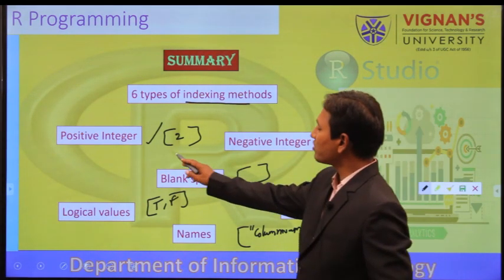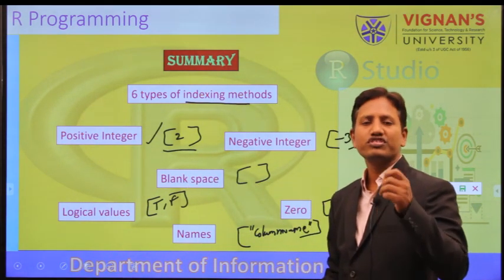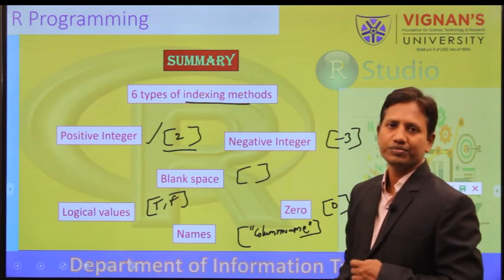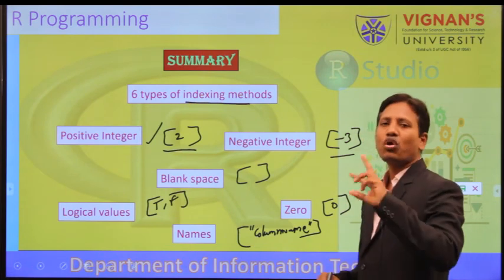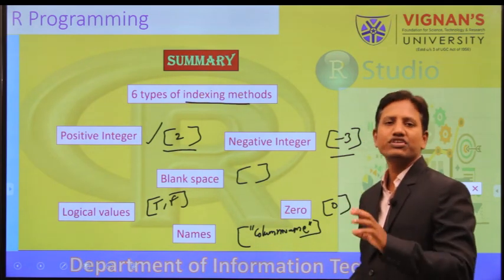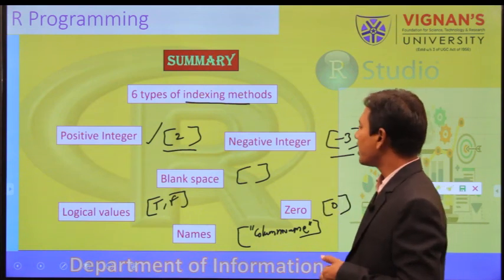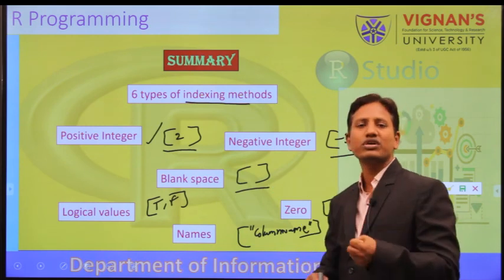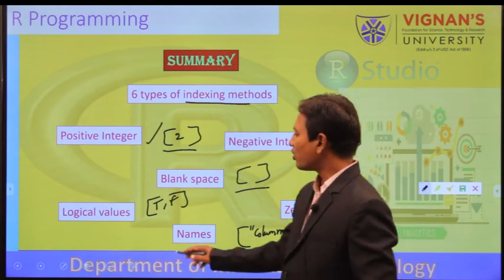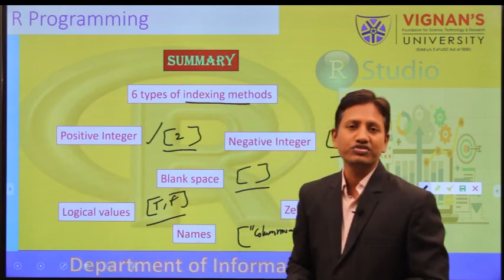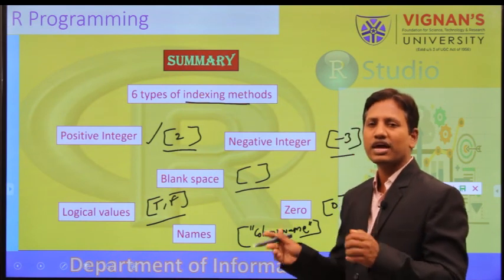When I use a positive integer, it returns the value present at that index position. If I use a negative index, it does the opposite of the positive one: it omits the value present at that index position. If I use blank, it returns all the values. If I use logical values, wherever I put TRUE, it selects that value, and wherever I put FALSE, it omits the value at that index location.